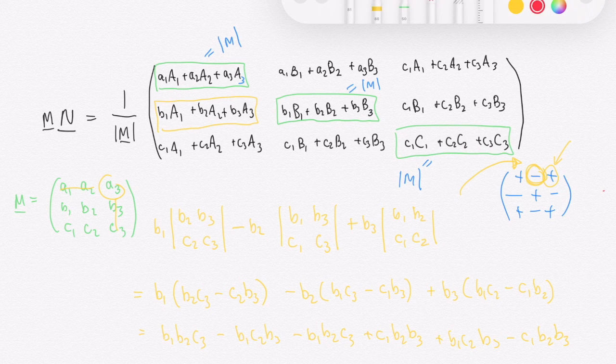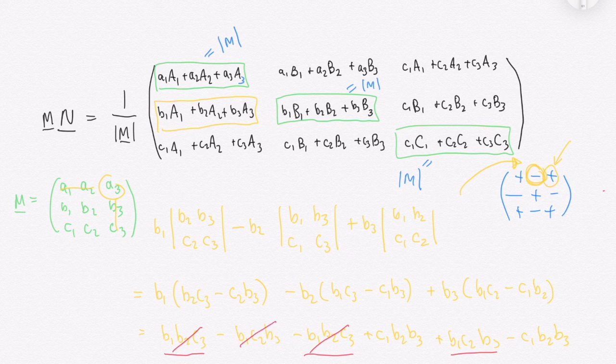And if we look carefully, we can see the first term is b1 b2 c3, and then here we have negative b1 b2 c3. So these two terms cancel out. The second term is negative b1 c2 b3, and then here we have positive b1 c2 b3. So these two terms cancel out. And again, we can see that these final two terms cancel out. So this element here is in fact equal to 0.